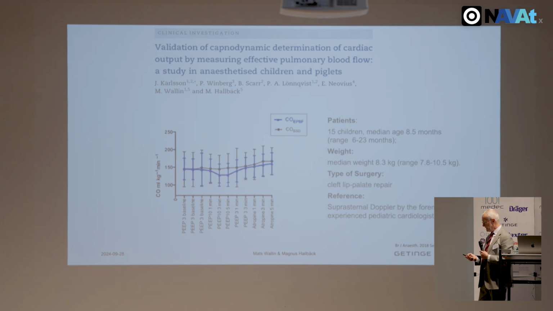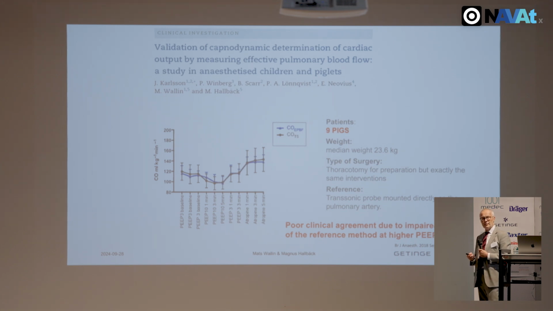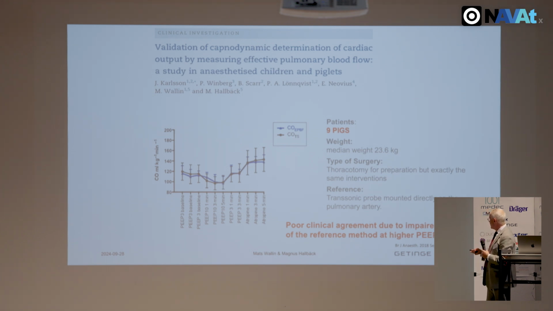So we went to the animal lab, and all our animal experiments are performed at the Göran Hedenstierna Laboratory in Uppsala, north of Stockholm. When we went to the pigs, we found that our expected pattern of behavior from the PEEP step was reproducible when we used a transonic probe directly mounted on the pulmonary artery.